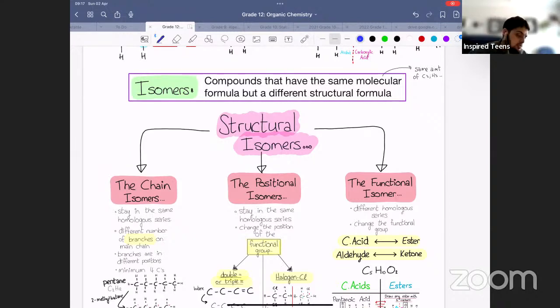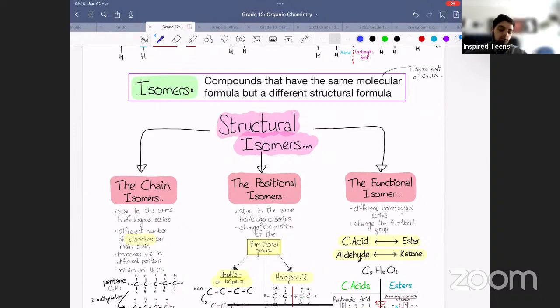Specifically for chain isomers, different amount of carbons in the main branch, alternatively, different amount of branches. Positional isomer, compounds that have the same molecular formula but have different positions of the functional group. Functional isomer, compounds with the same molecular formula but different functional groups.